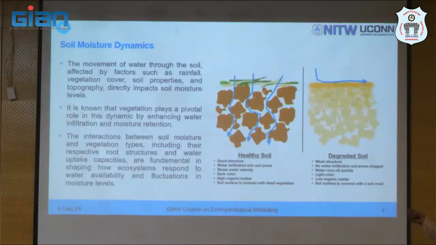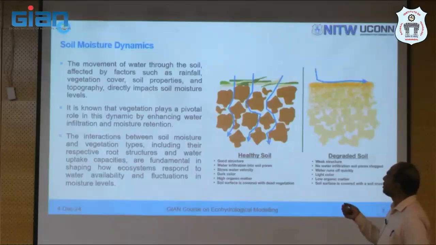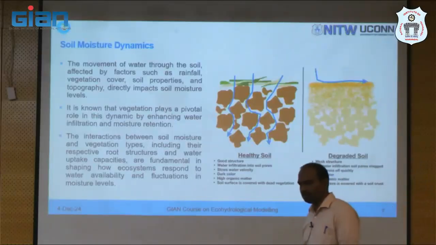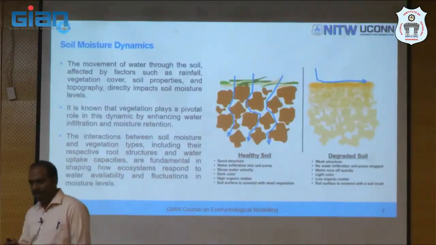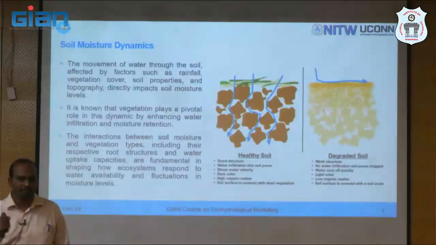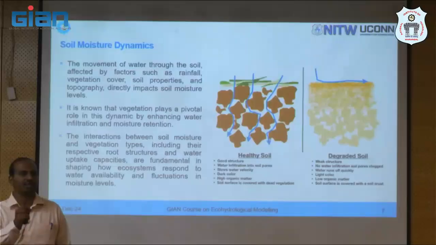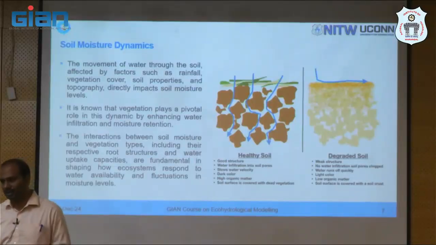So, in addition to creating good structured soil, vegetation also helps in keeping the surface pores unclogged. Now, what happens when there is rainfall on a bare soil is, the raindrop will come, hit, it will have some velocity, some kinetic energy which gets transferred to the soil particles.